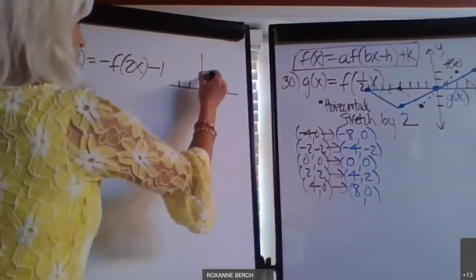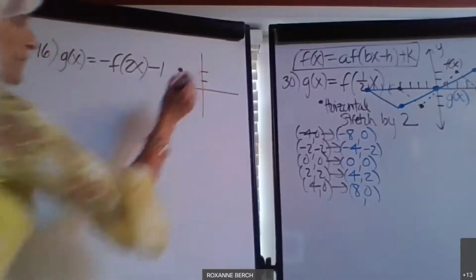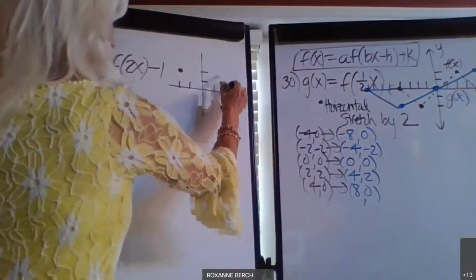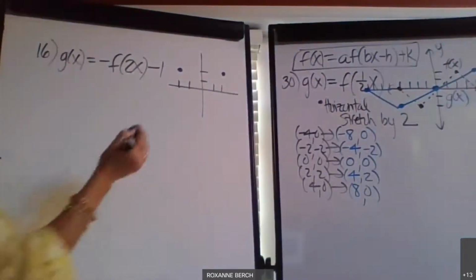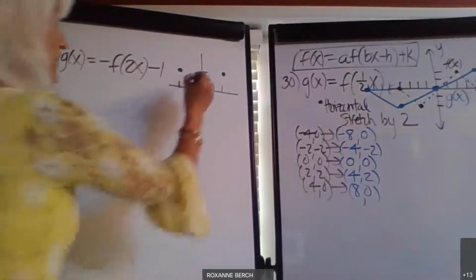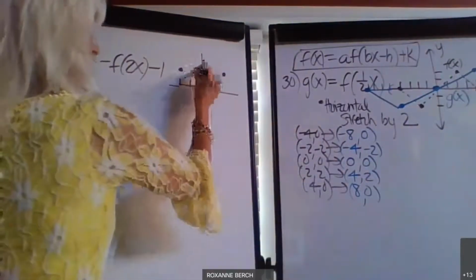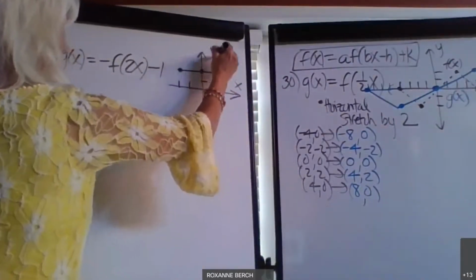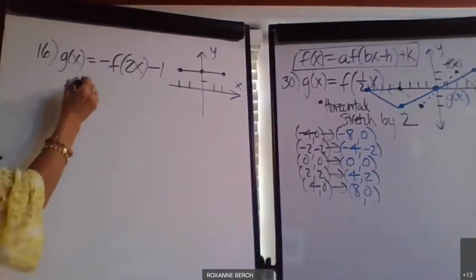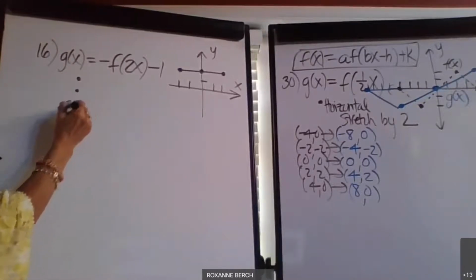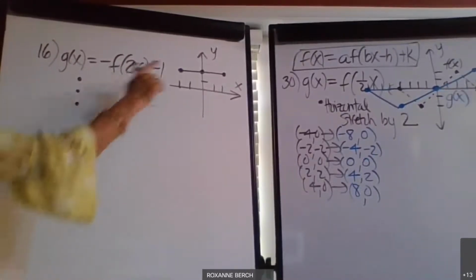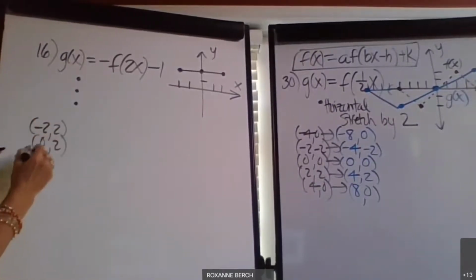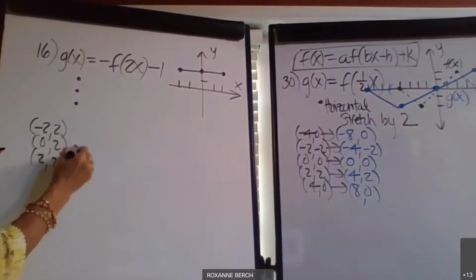And it's left 2, up 2. And it's right 2, up 2. And it's 0, up 2. Okay, now what we're going to do is state the transformation first in the correct order. And then the transformational points are going to be left 2, up 2, 0, up 2, and right 2, up 2.